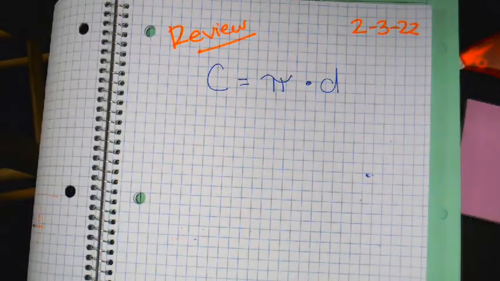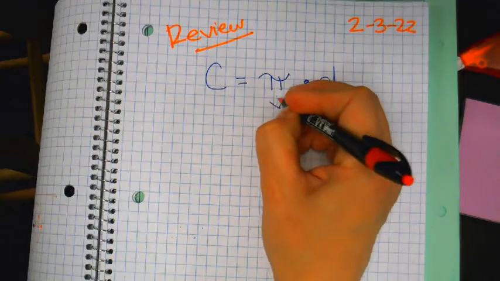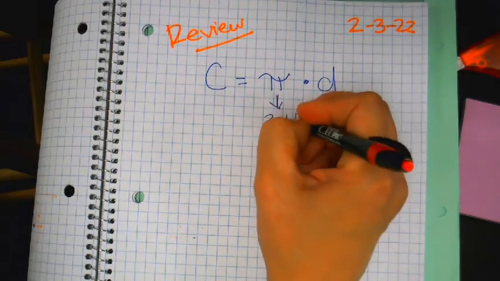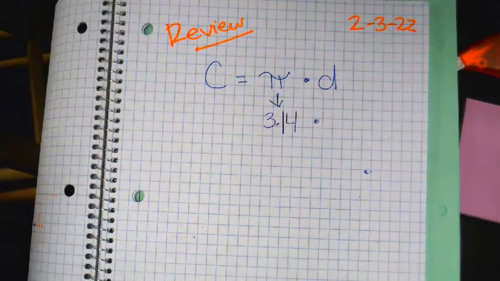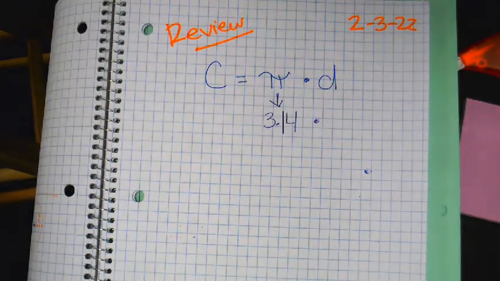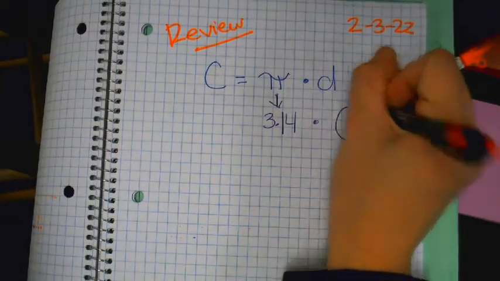And then some of you told me, what is pi equal to? 3.14. Okay, what does the diameter look like when you're looking at a circle? No, the full line. And this is why we're reviewing it.